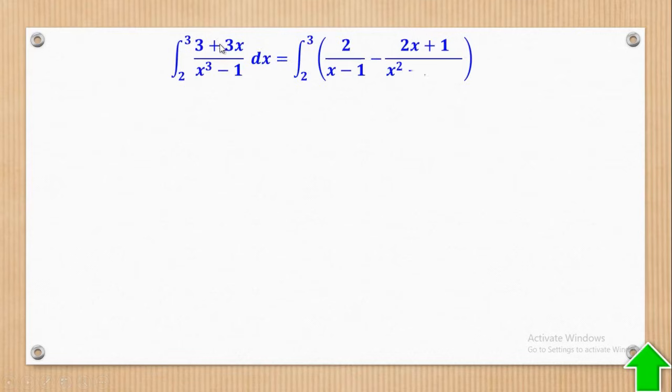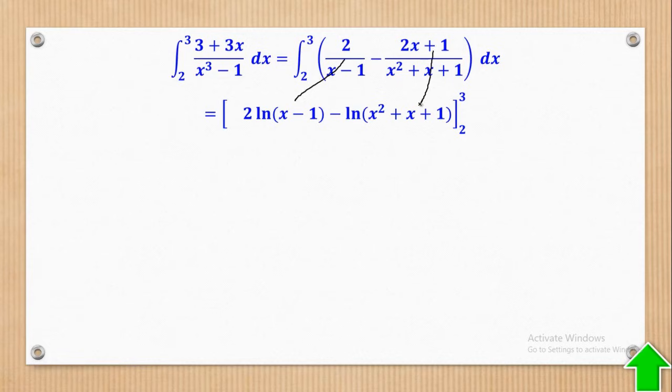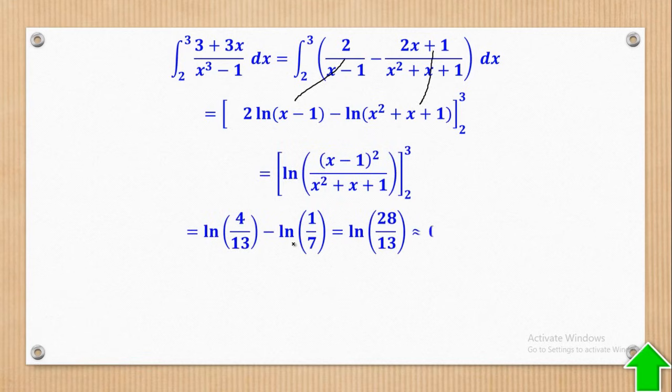So the integral of this is the same as the integral of that. So I integrate to come up with that. So this gives you this, and this gives you that. Substitute limits, and I'll come up with that, and that will be the answer.